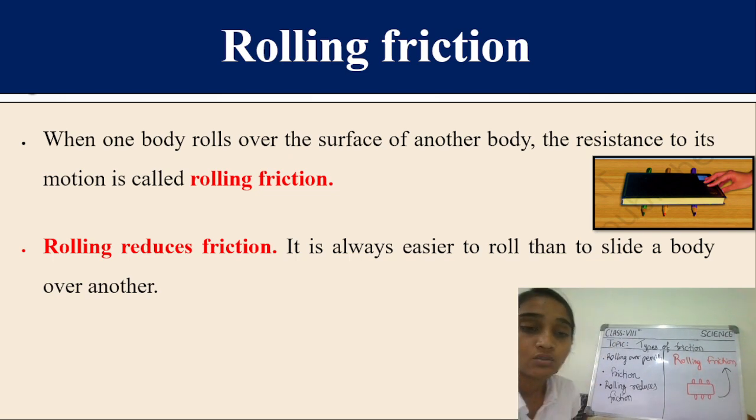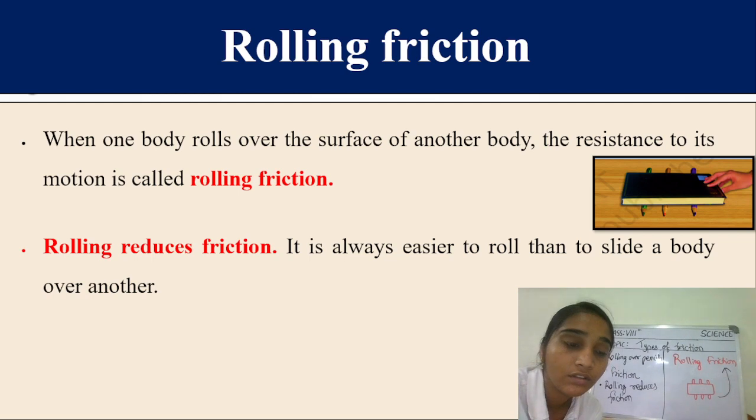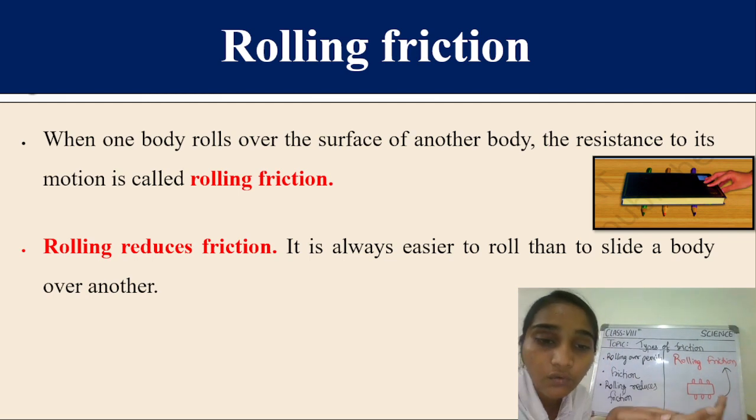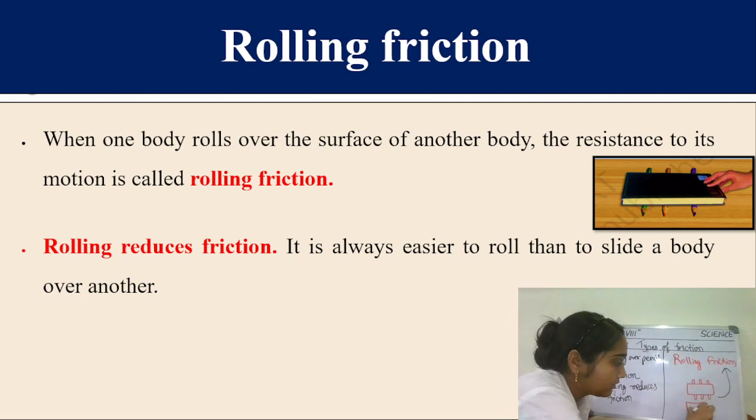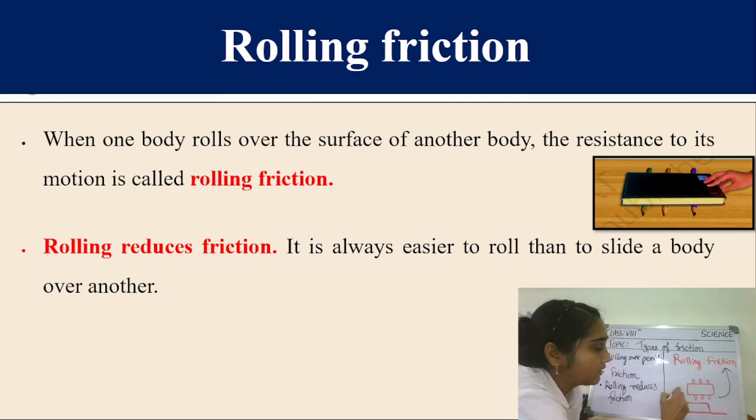Yes, very good. So if we have one thing rolling over another, and one which is just sliding over another, on the earth, the surface ground, one thing is sliding and one thing is rolling on a surface. In which case will it be easier, meaning the friction will be less?